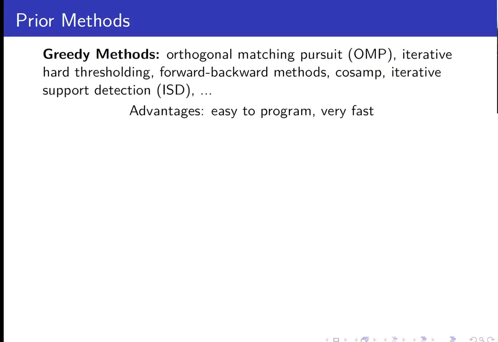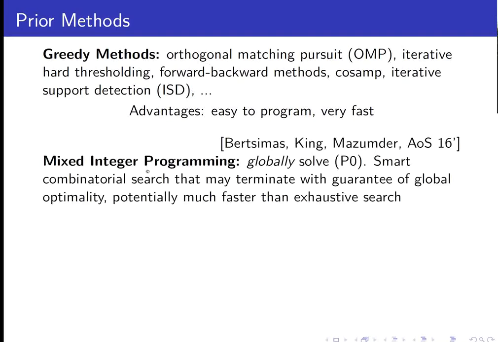A little bit about how previous works try to tackle this problem. Some works greedily choose atoms one by one or several by several. There's a famous paper by Stéphane Mallat and others, orthogonal matching pursuit. All of these methods are very fast and also easy to program. A few years ago, there was a very nice work by Bertsimas and co-authors from MIT.